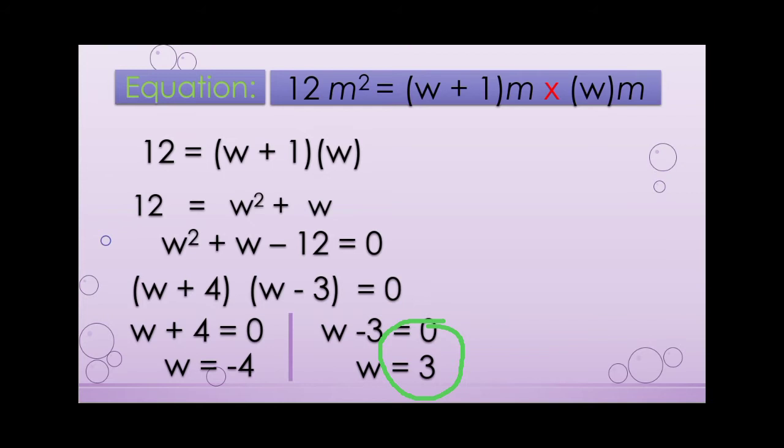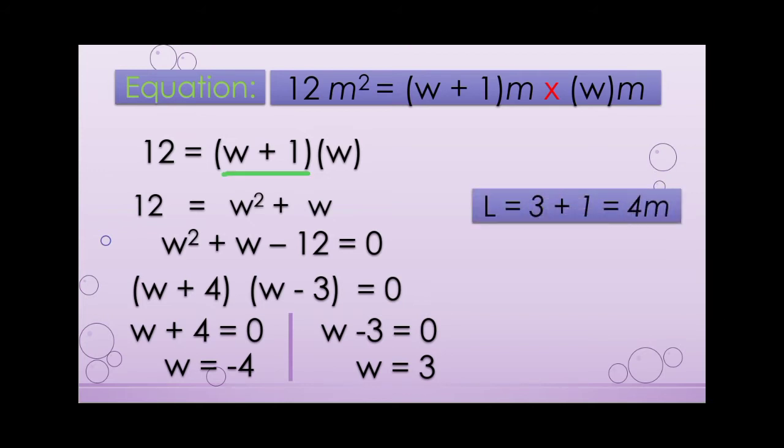So, let us now solve for the length of the garden. So, the length is W plus 1. So, W is 3 plus 1. So, we have now 4 m or 4 meters. Then, the width is, of course, 3 meters.